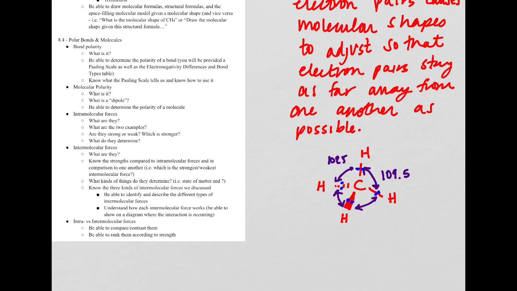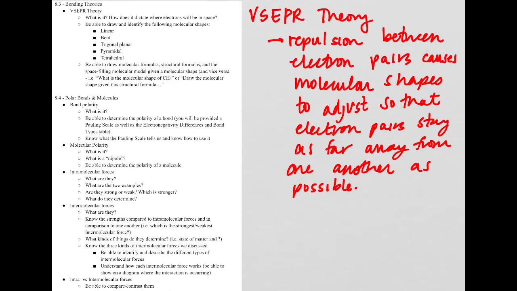Let's look at another molecular shape. Let's just look very simply at a linear shape. All right, so let's look at carbon dioxide. So why is it linear?